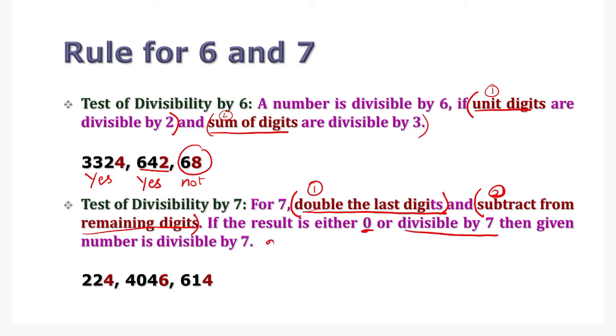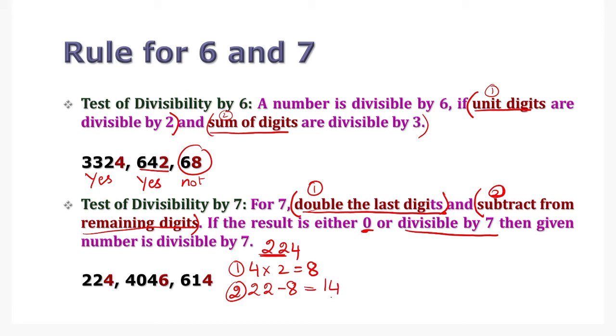Consider an example, 224. As per our first step, we have to double the last digit, so 4 into 2, which is equal to 8. And then our second step is we have to subtract it from the remaining digits. So the remaining digits in the given number are 22. So 22 minus 8, which is equal to 14.